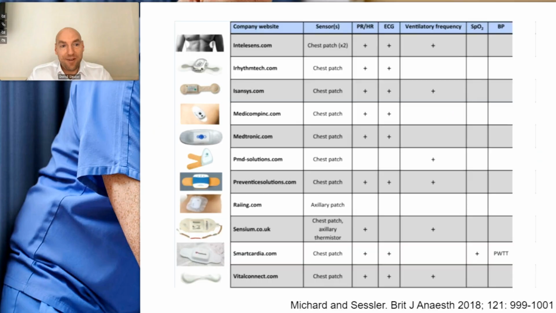And without getting into the details, you will see that there are now numerous different monitoring systems available. Many of them are adhesive patches. And I show you that slide not to discuss any single monitoring solution, but I just want to show you the different vital signs here. So respiratory rate, heart rate, ECG, SpO2 monitoring, and you will see that measuring blood pressure is a big, big challenge.